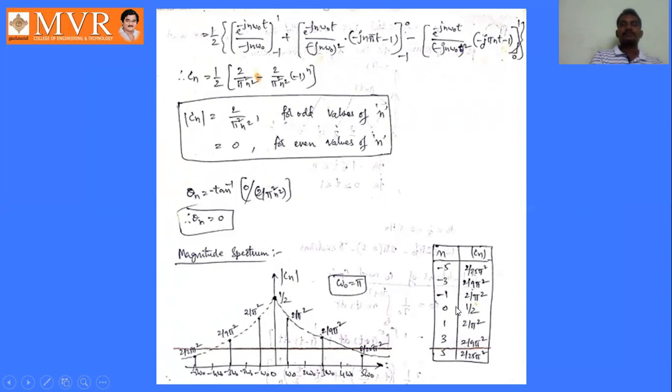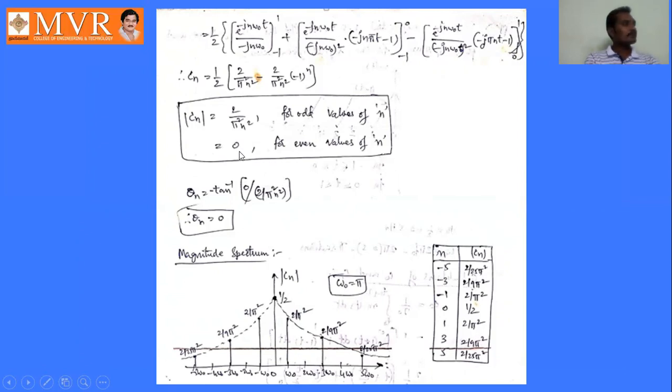Okay, so by taking odd values here, we will get the spectrum like this. So this is ω₀, 3ω₀, 5ω₀. Similarly, minus ω₀, minus 3ω₀, minus 5ω₀, like that. Okay, so this is the magnitude spectrum. So here for even values of n, its magnitude |Cn| is 0.